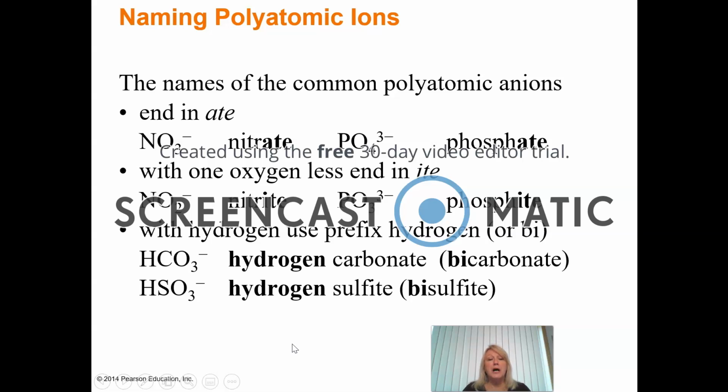Okay, so another thing to make sure that you're paying attention to, and you always have that periodic table and that ion chart to use on any quiz or test, but you have to read carefully because one letter makes a huge difference. For example, NO3 is nitrate, but one oxygen less, NO2, is nitrite.